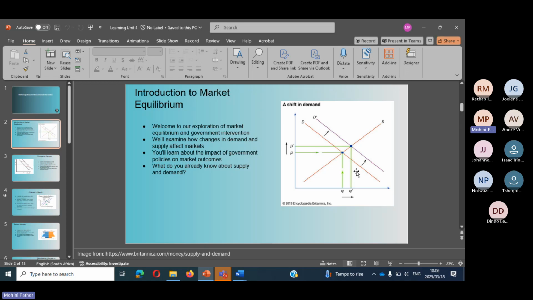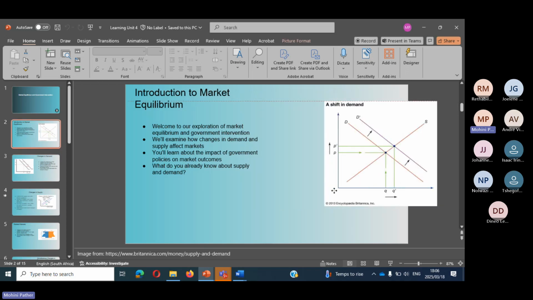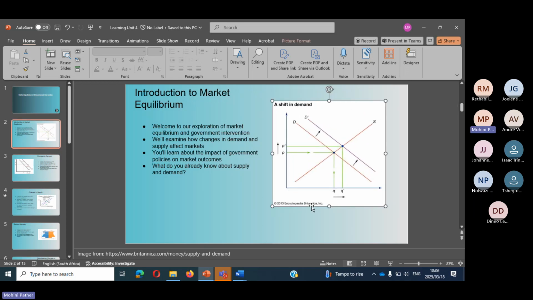Okay, so with demand and supply, it's very important that you always remember that price is always going to be on your y-axis, your vertical axis, and quantity is always going to be on your x-axis. The reason for this is that these demand and supply curves are depicting the demand and supply laws.